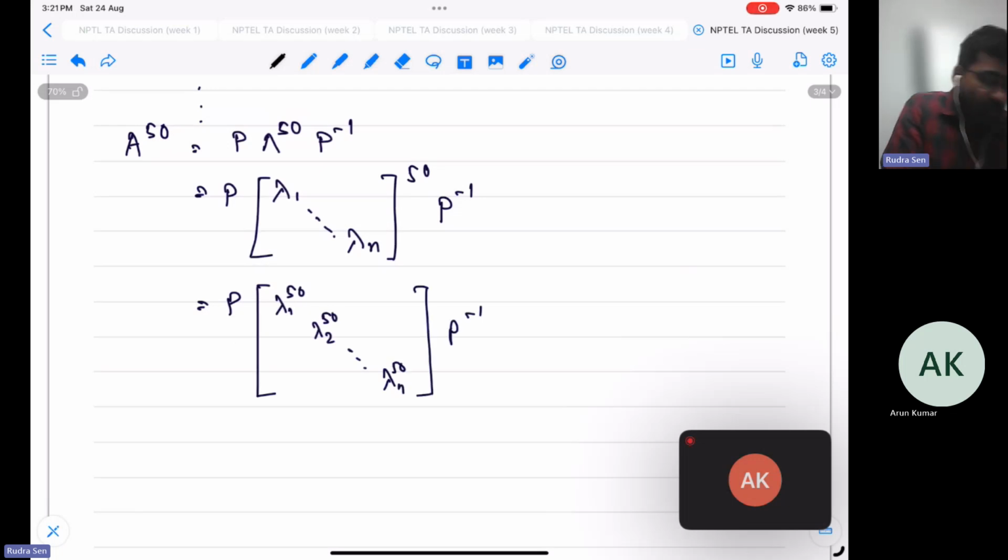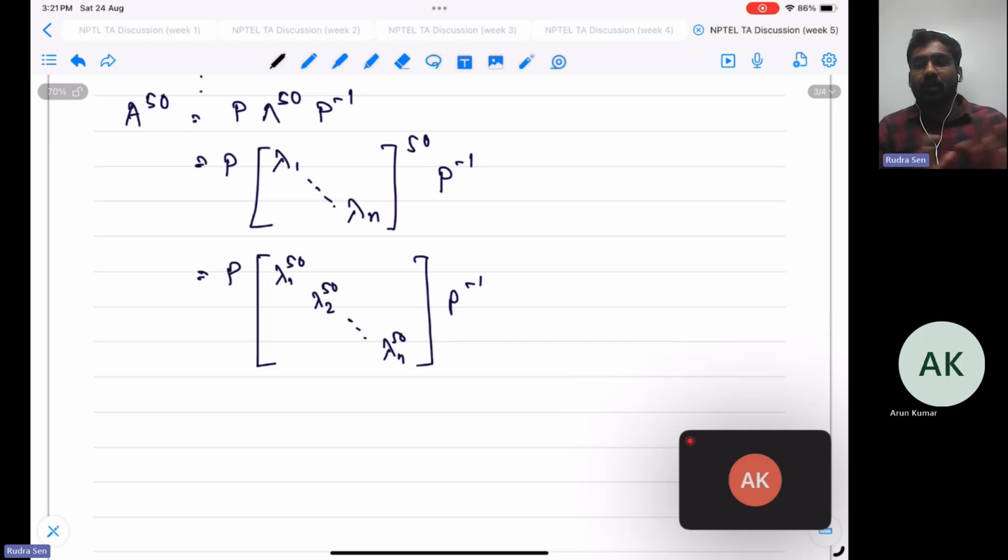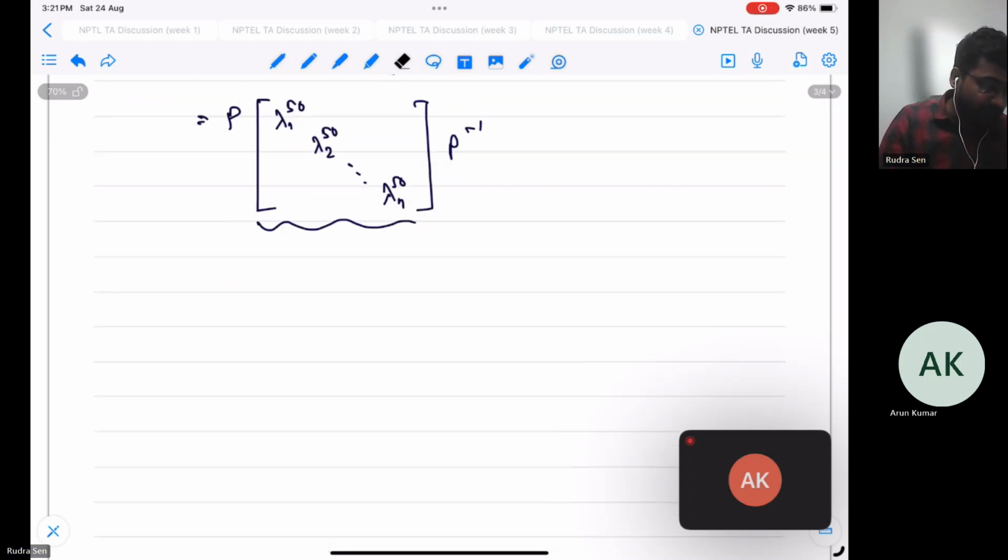So you do not need to multiply A 50 times. You just have to find this matrix and pre-multiply and post-multiply with P and P inverse, and you will get A to the power 50. So this eases your calculation.